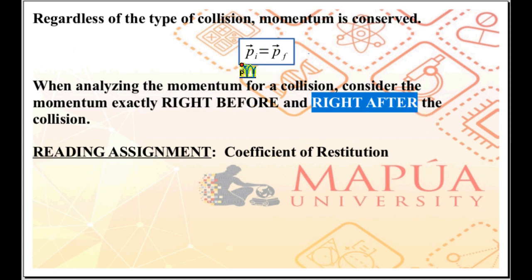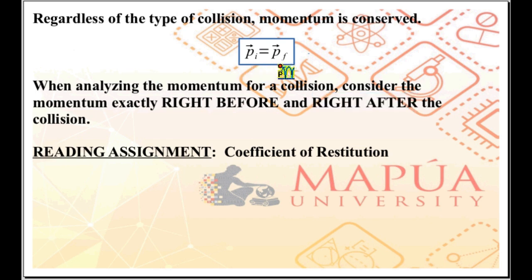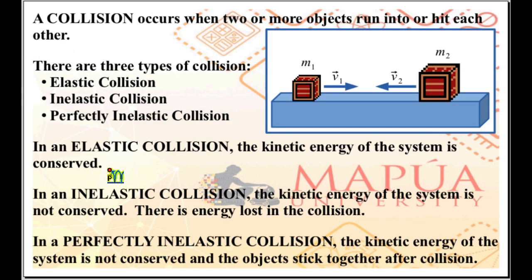So, initial momentum before the collision, final momentum after the collision, momentum is conserved, initial momentum is equal to final momentum. And momentum is conserved regardless of the type of collision. It doesn't matter whether you have elastic collision or inelastic collision or perfectly inelastic collision. Initial momentum is equal to final momentum.